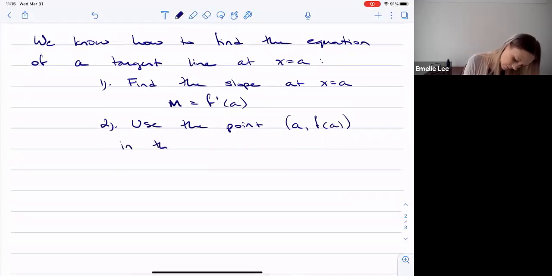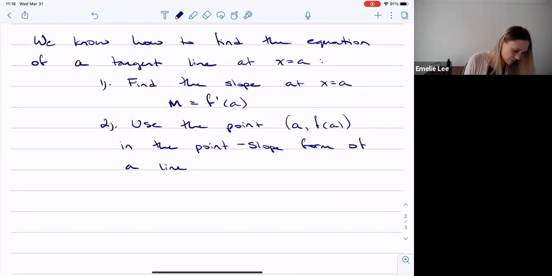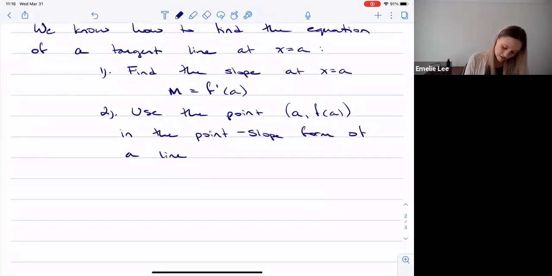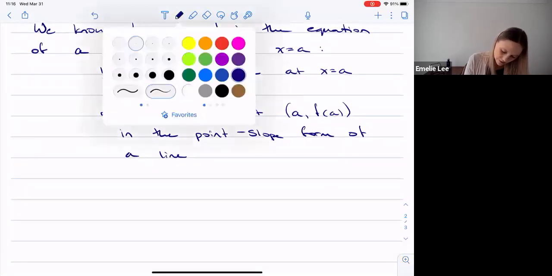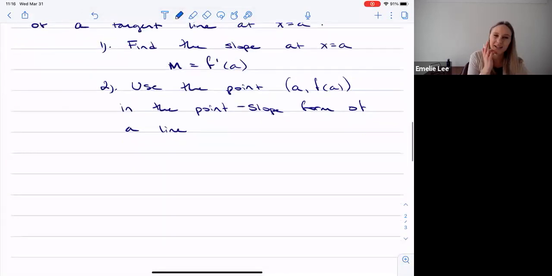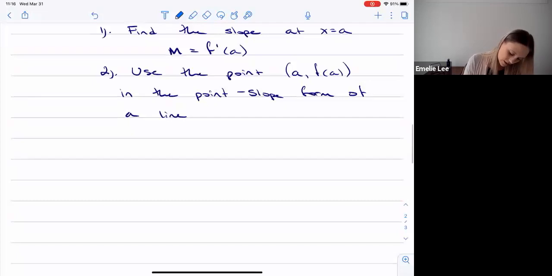In the point slope form of a line, which we have been using a lot as well, if you don't have it highlighted on some sort of formula sheet, then of course you will want to add it. Y minus y naught is m times x minus x naught.